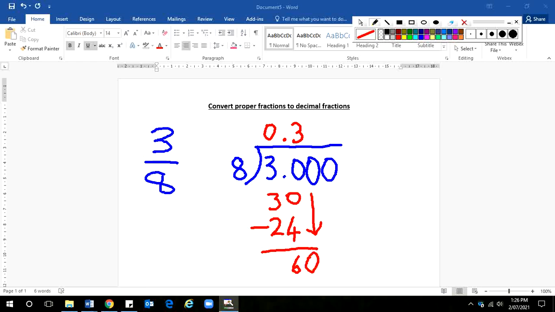How many 8s can we get in 60? Well, 7 8s are 56, 8 8s are 64, so 7 8s are 56. I'm running out of room. I didn't think this far ahead. Okay, which leaves us with 4 left over. Now drop the 0. Lucky I don't need to go any further. And how many 8s can we get in 40? Well, we know that 5 8s are 40.